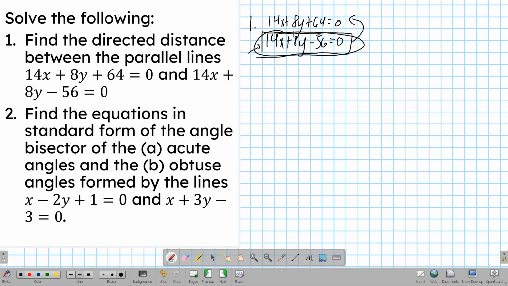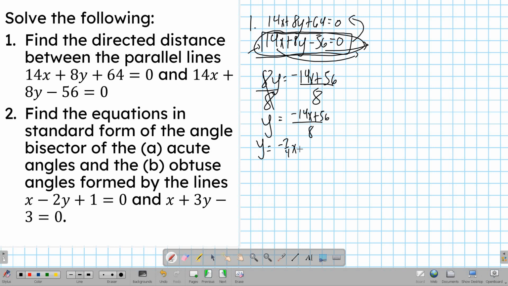Kasi automatic, yung y-intercept ay a point dun sa line. Yun ang gagawin natin. So, therefore, in rewriting this, let's transpose everything to the right side except for the y term. We're going to have 8y is equal to negative 14x plus 56. Dividing both sides by 8, we're going to have y is equal to negative 14x plus 56 over 8. And then separating them, I'm going to simplify negative 14 over 8 already, and that will become negative 7 fourths x plus 7.